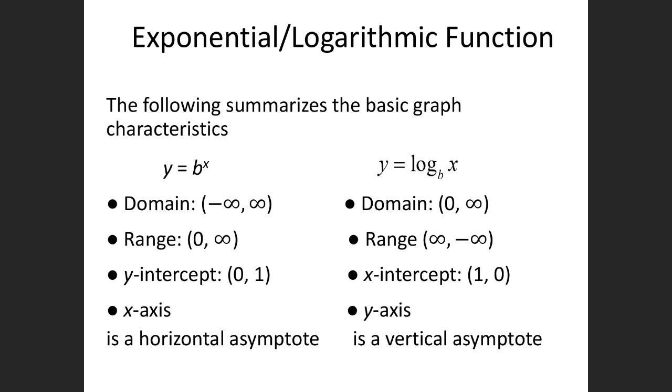So the domain of the log is all positive numbers, from 0 to infinity. The range is all real numbers, from negative infinity to positive infinity. Instead of having a y-intercept, I have an x-intercept at (1, 0), and it has a vertical asymptote. The y-axis is its asymptote.